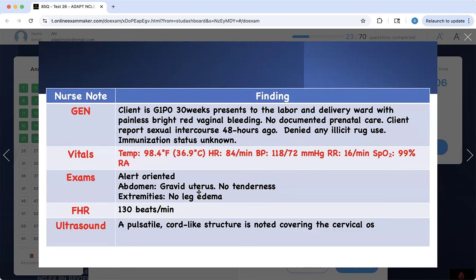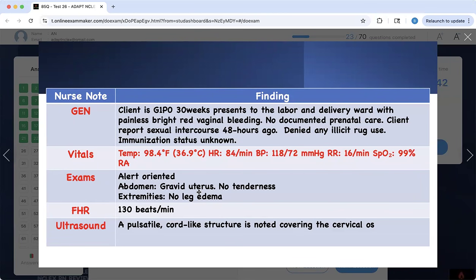Ask yourself. Denies any illicit drug use. Immunization is up to date. The vitals look normal. Heart rate 84. Everything is stable. Patient is alert and oriented. The abdomen, the uterus is gravid because there's a baby there. No tenderness, no leg edema, no signs of preeclampsia. Just bleeding painlessly. Fetal heart rate 130 is fine.